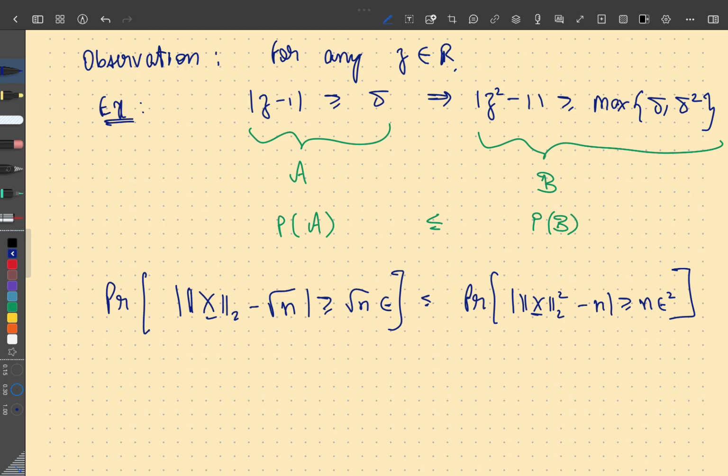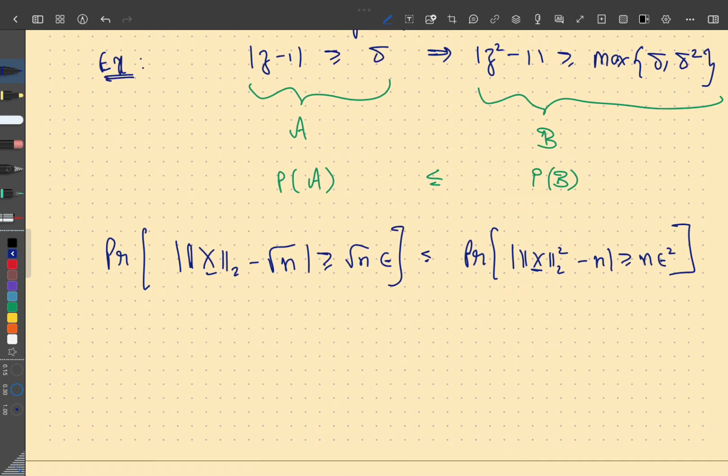I'm sorry, I have to be a little careful over here. Since I'm using this, it deviates by an amount n times max of epsilon and epsilon square.